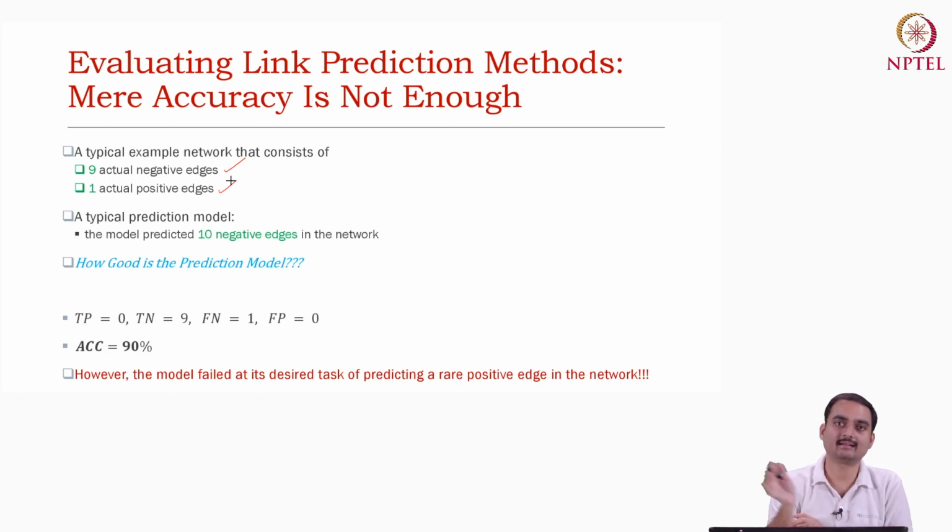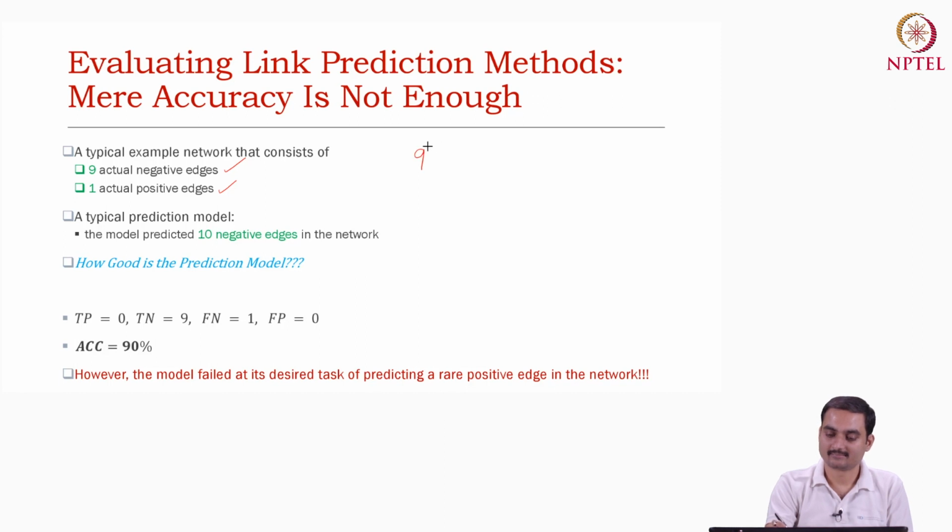So, if you blindly say that all the pairs are negative, right, your algorithm says that all the pairs are negative. There are 10 pairs and all the pairs are negative.